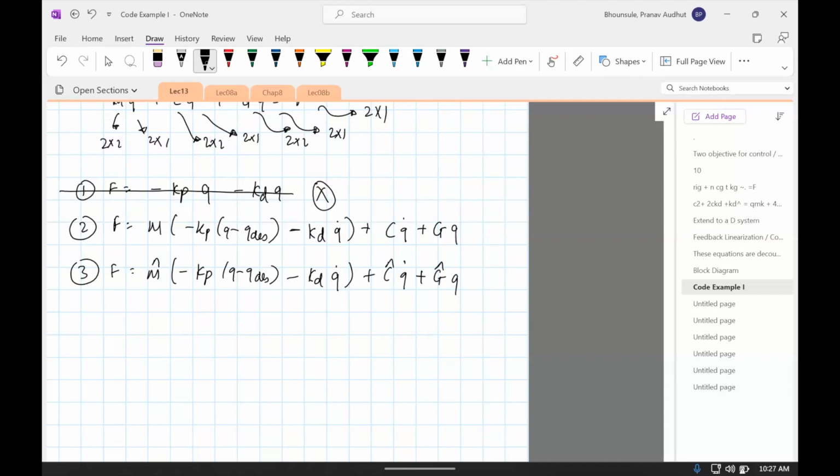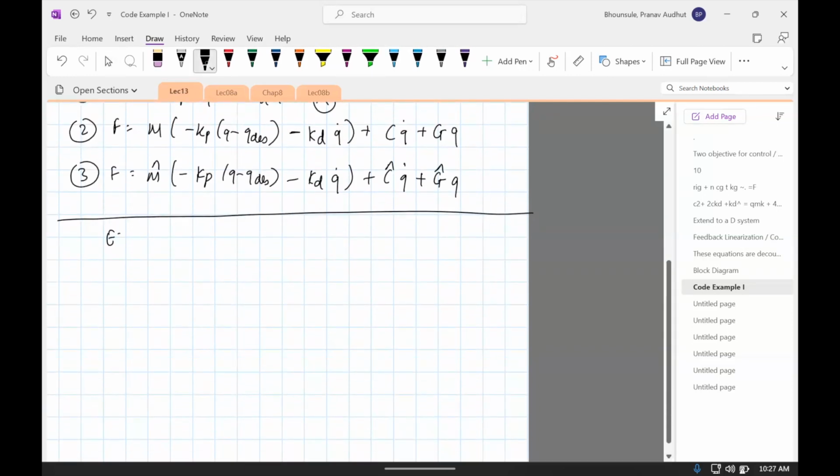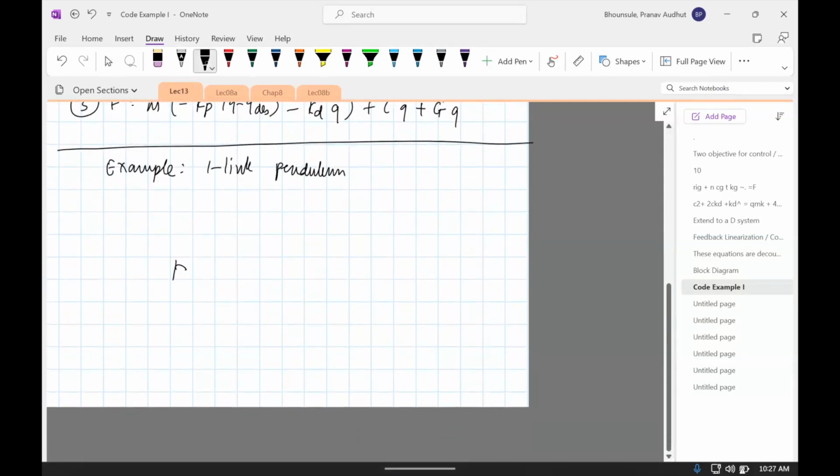Okay, now let's look at a real physical system. How about a pendulum? So let's look at an example. Again, this is all illustrated in code. One link pendulum. Here the goal is we have a pendulum which is horizontal.